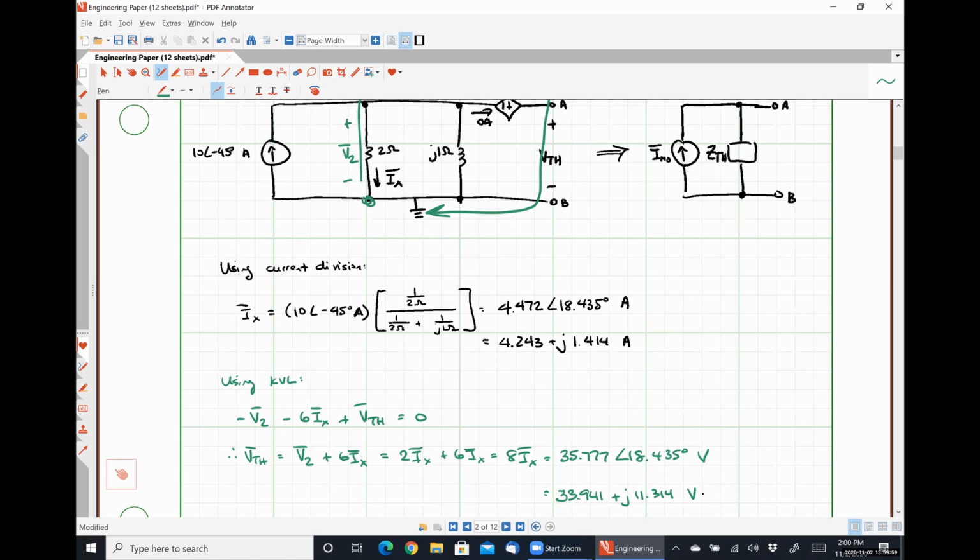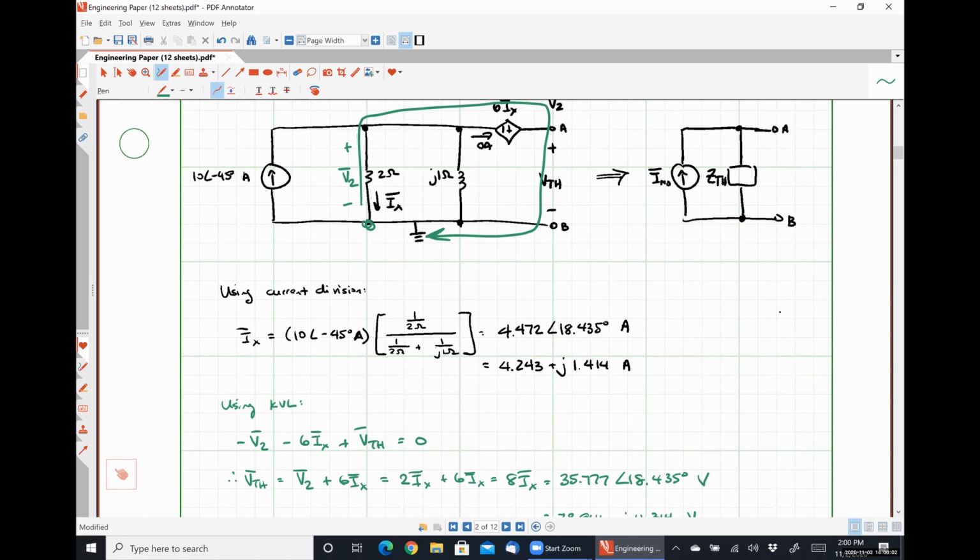Does anybody have any questions, comments, or concerns about the circuit analysis that I've done? Around that green loop, yes, sir. Just adding up voltages.